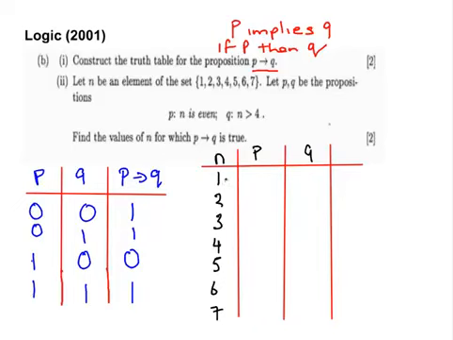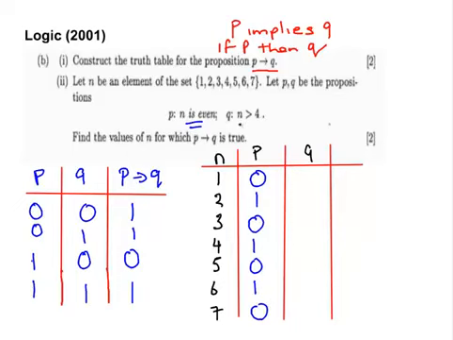So we'll do P first, and that P is n is even. Well, 1 is not even, so we're going to put a 0 there, that's false. 2 is even, that's true, so put that as 1. 0, 1, 0, 1, and 0. So alternating between zeros and ones.